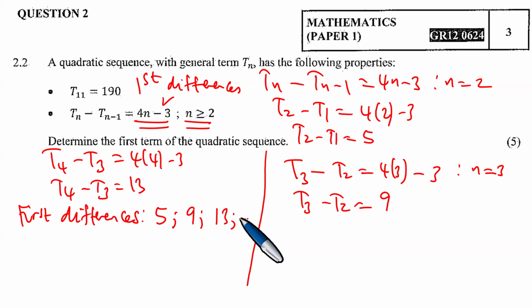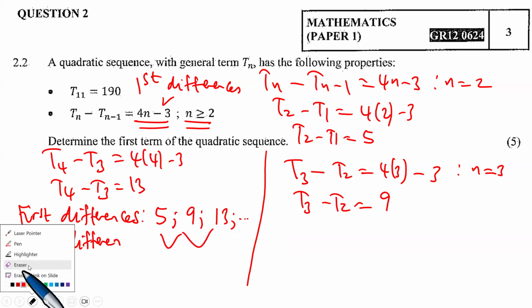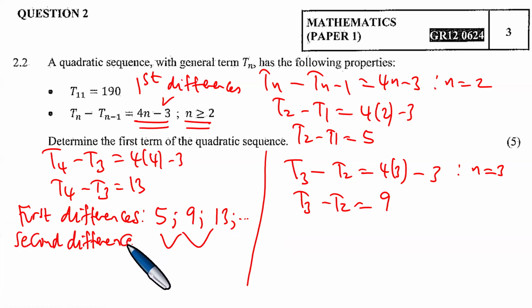Let us reason together. We are able to proceed and get what we call the second differences. All right, we're trying to explore this question. The second differences would be 9 minus 5, giving us 4, and 13 minus 9, giving us 4.